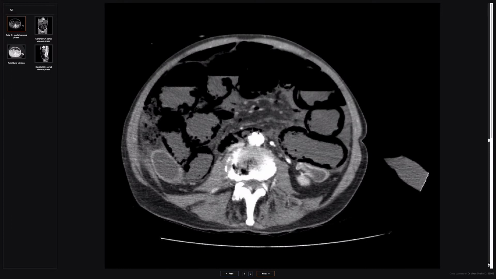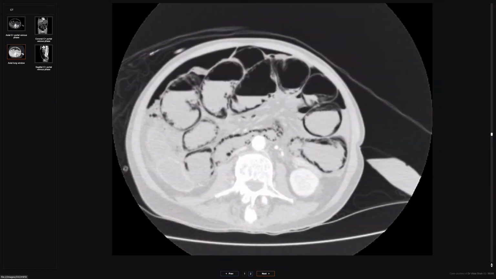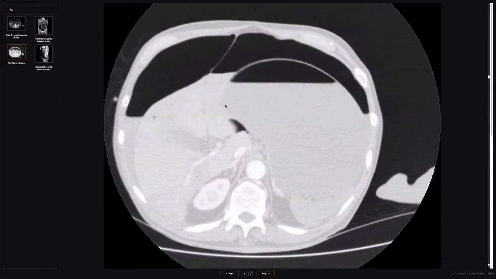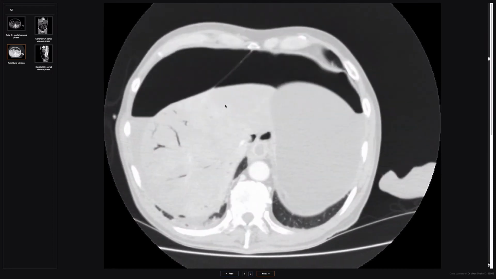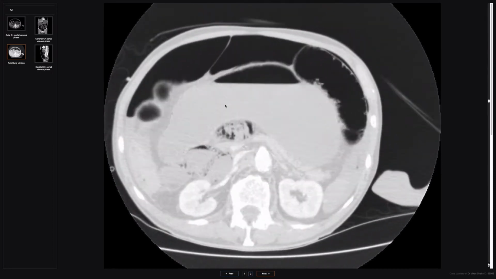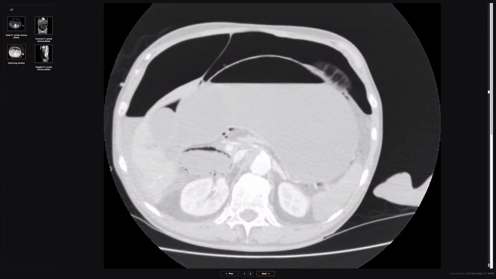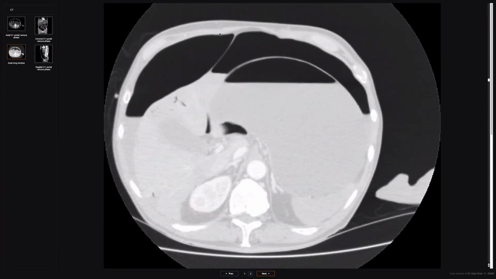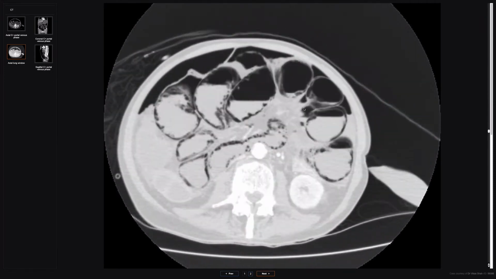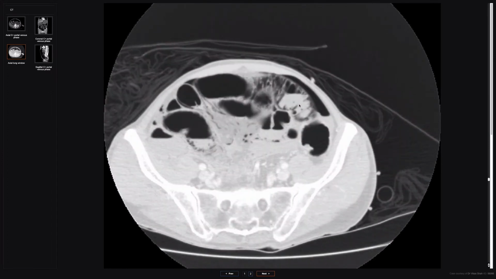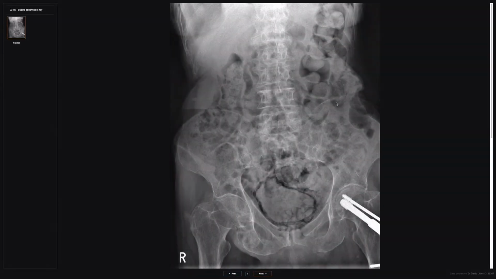That gas then escapes into the portal venous system. And then that ends up in the liver. So this is a pretty bad CT to have. And then you can also see this is the falciform ligament, and you've got lots of free air around it as well. So remember, gas in the bowel wall.